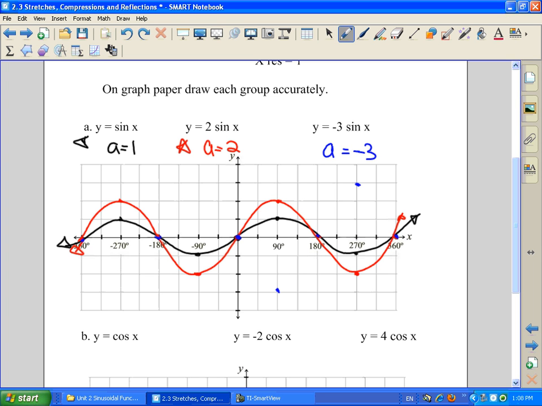Wherever it's a maximum, it's going to be a minimum. All right, so again, draw a nice smooth curve. Kind of cool looking, eh, guys? All right, that's dealing with the sine function.